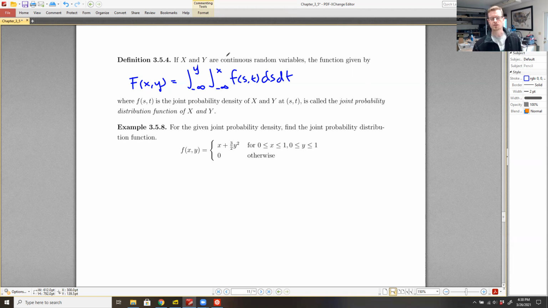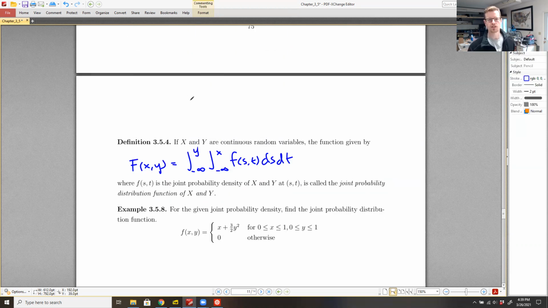Okay, so we're just looking at the probability that the x and y values are below these specified x and y values. That's it. So it's the same idea that we had taken a look at before.